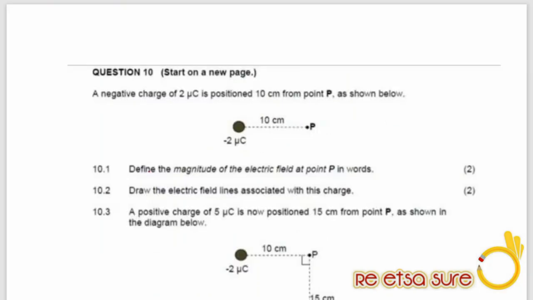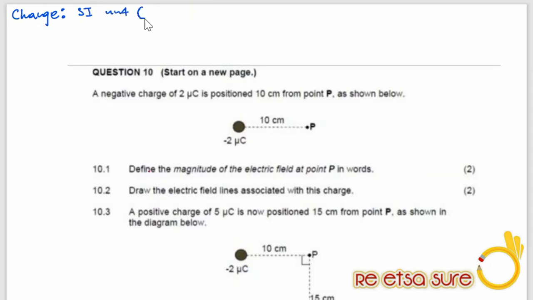Okay, so now question 10, it says that a negative charge of 2 microcoulomb is positioned 10 centimeter from point P as shown below. The first thing that I need to remind you, my beautiful learners, is that whenever we talk about a charge in physical science, it is measured in what? In coulombs.